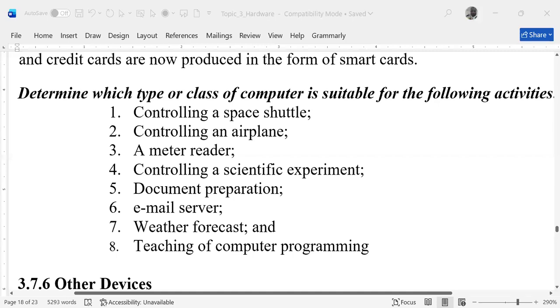We are almost out of time, so we'll start topic 4 next meeting. We are through with this topic.